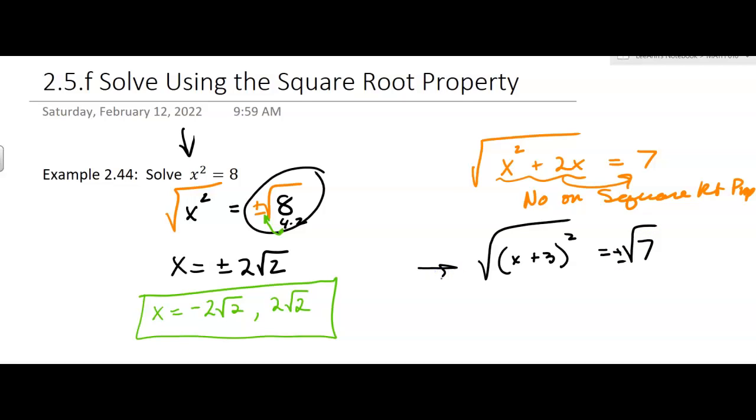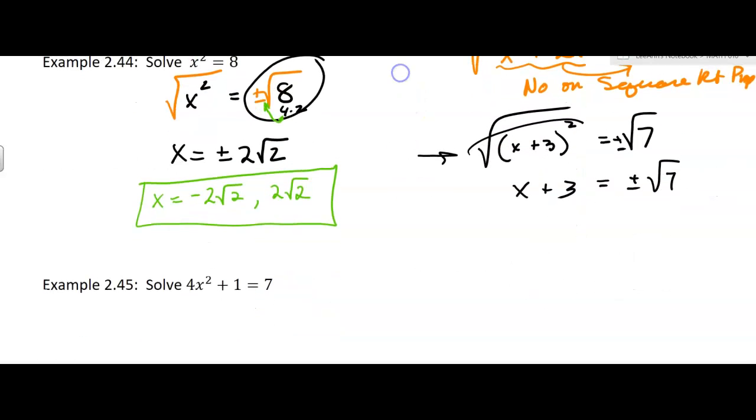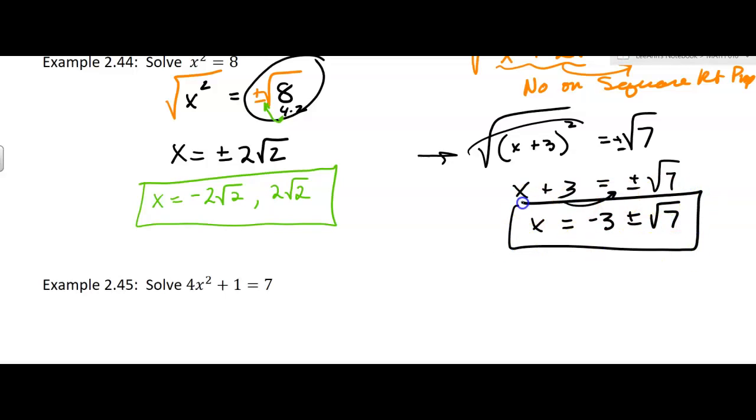You have x plus 3, and you don't have any x's on the right, so x plus 3 equals plus or minus the square root of 7. I'm kind of getting ahead of myself here, but I might as well finish it. Bonus problem: just subtract the 3, and you get negative 3 plus or minus the square root of 7. Don't worry if that one scares you. I'm going to do another example that's very similar in a minute.